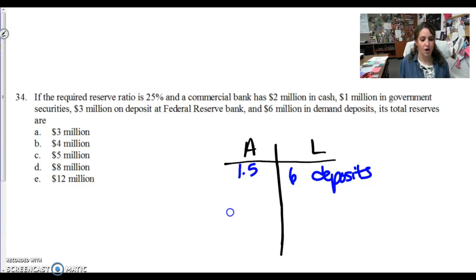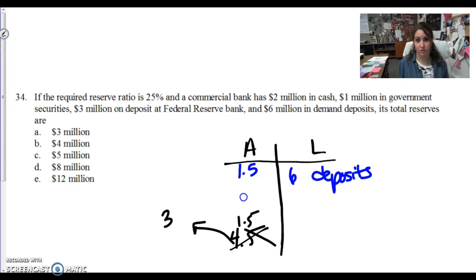So there's $6 million deposited, 1.5 of it in required reserves, leaving 4.5 left. Well, then 3 million of that is deposited into the Fed. 3 million is gone, leaving 1.5 left. So we have 1.5 plus 1.5, that's 3, by the way.